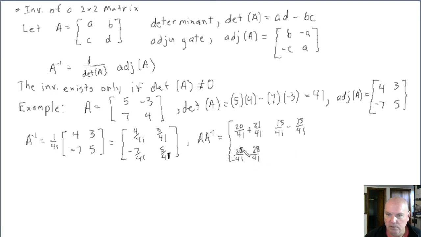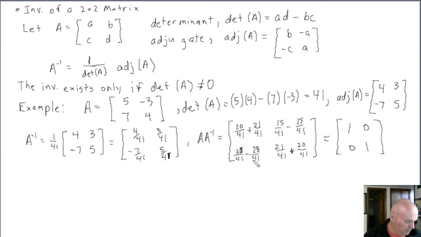Again, that's going to be equal to 0. And then for the last term here, we have this row 7, 4 times this second column, so that's going to be 21 over 41 plus 4 times 5 is 20 over 41, and we see that is equal to 1, 0, 0, 1. Okay, so verifying that this is indeed the inverse of the matrix above.